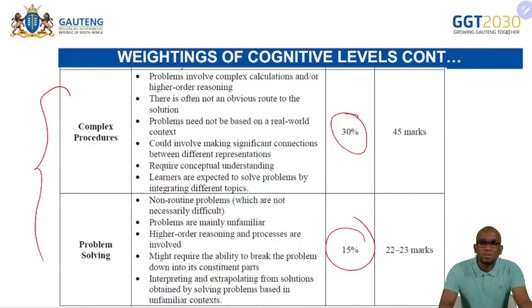Now, with this being said, you can see that from level 1 and level 2 questions, you can get a good mathematics pass. You can get your bachelor pass by just doing well in level 1 and level 2 type questions. What is also important with target setting is that when you start writing, they'll give you about 10 minutes reading time.